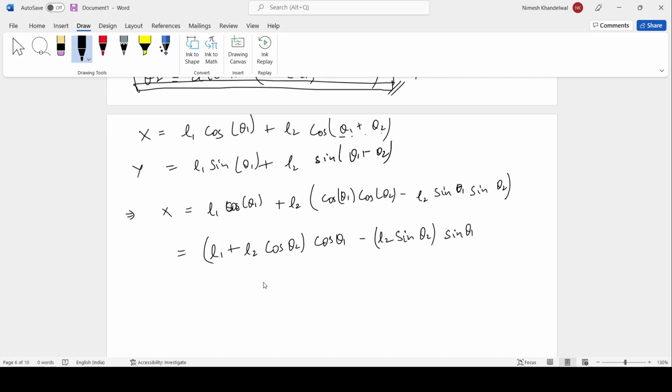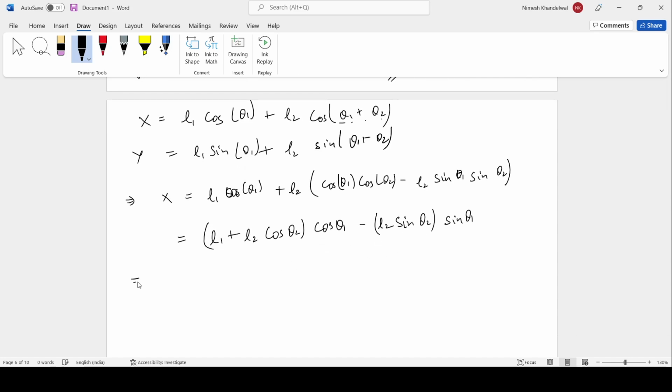Similarly, if I write for y and expand this sine theta 1 plus theta 2, it will turn out to be L2 times sine theta 1 cos theta 2 plus cos theta 1 sine theta 2.